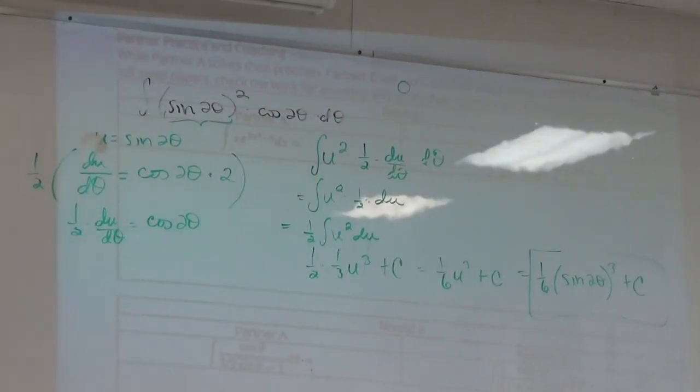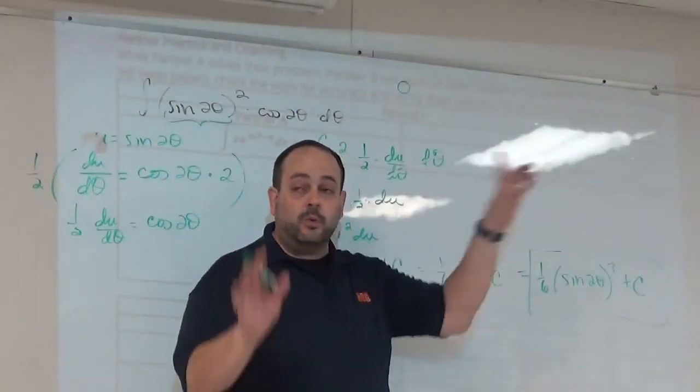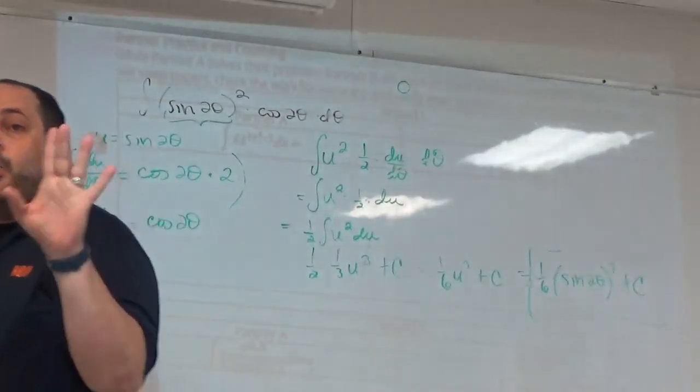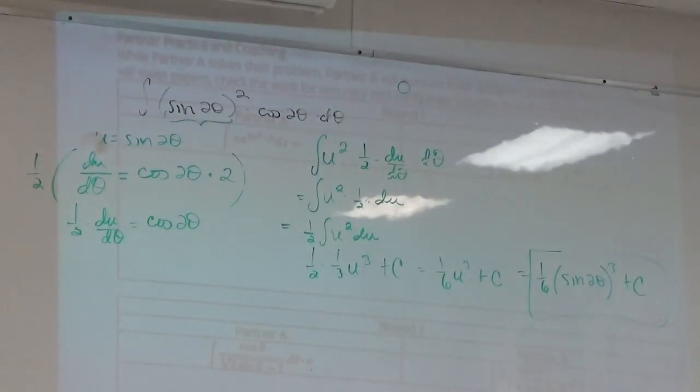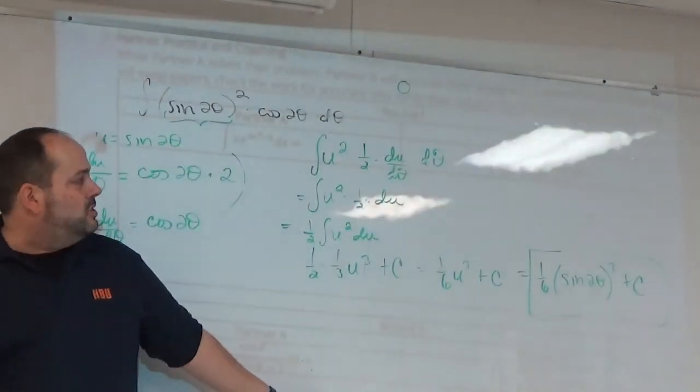Okay, here's what's going to happen. If you're partner A, you're going to work on this problem while partner B works on this problem over here. You're working on different problems. When you're each done, you're going to swap papers, check over the work, and give each other feedback. I'm only going to give you 8 minutes total to do round 1 and round 2.